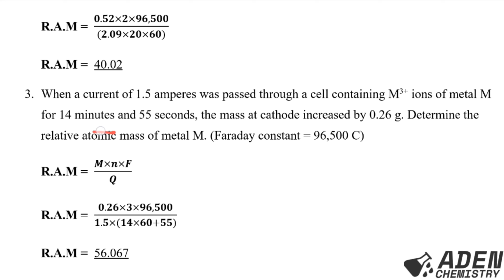The time here is 14 minutes and 55 seconds. So you have to take 14, we multiply it by 60 to convert it to seconds, and we add 55 seconds. So when we put all this in the calculator, we are going to get 56.067 as our R.A.M. Remember, R.A.M has no unit.